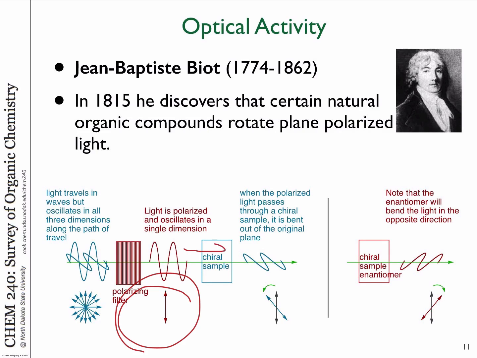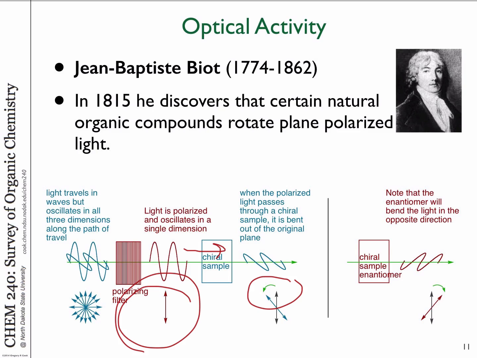As that light passes through a sample, a solution containing chiral molecules, the plane of that light is tilted one direction or the other. So they can observe, just by taking another polarizer and seeing at what angle the light comes through it, what direction that plane is. They observe that light will be bent in one direction.